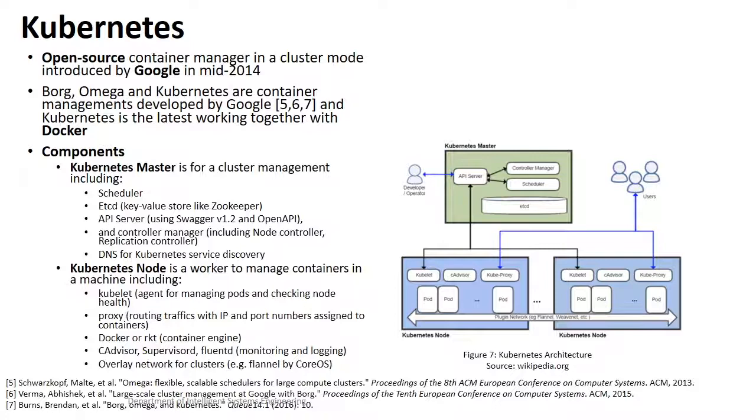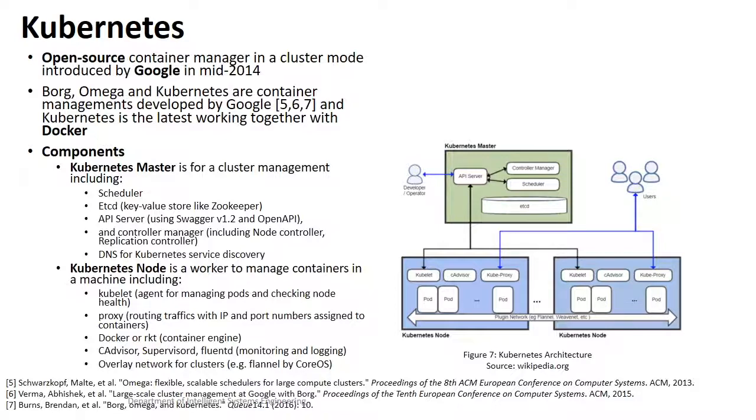In the nodes we find the workers, which manage multiple containers. So we find the terminology of a kubelet, which is really an agent for managing pods and checking node health. What a pod is, I will be describing later.